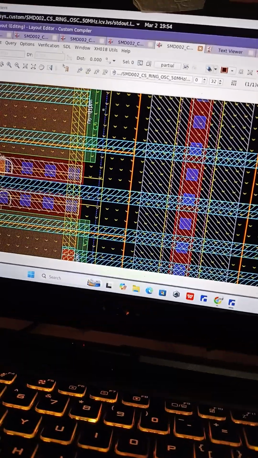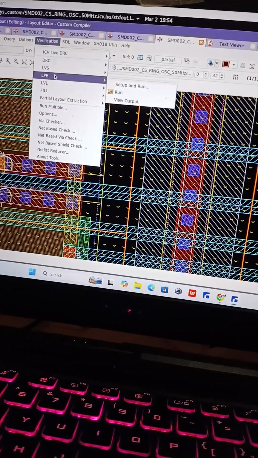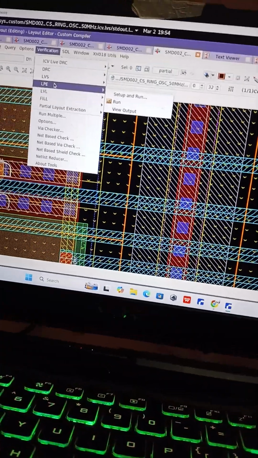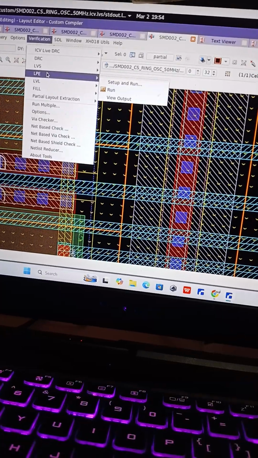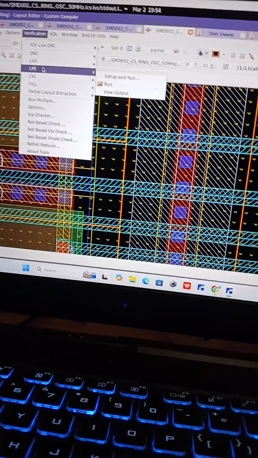So that's why this is very important. We need to make sure that our circuit, or ring oscillator, has as low parasitics as possible. So that's why we need to run this.